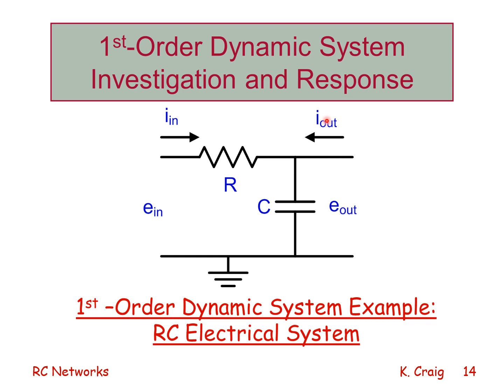I need to express the relationships between the input voltage and current and the output voltage and current to have a complete dynamic description of this RC circuit.